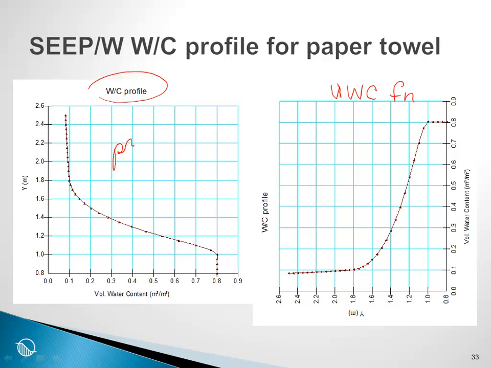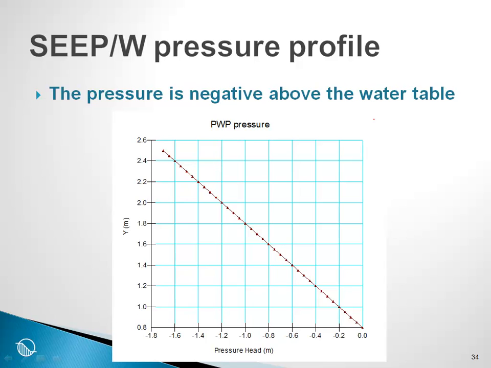So this profile in the paper is a direct reflection of the function. And we have already talked about the pore water pressure being negative, hydrostatically negative above the water level in the cup.